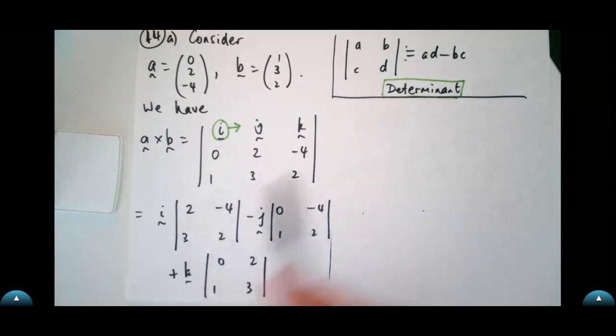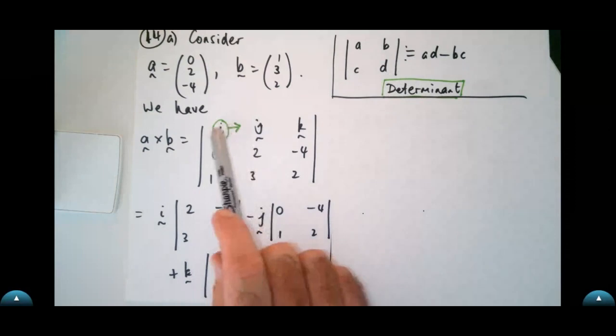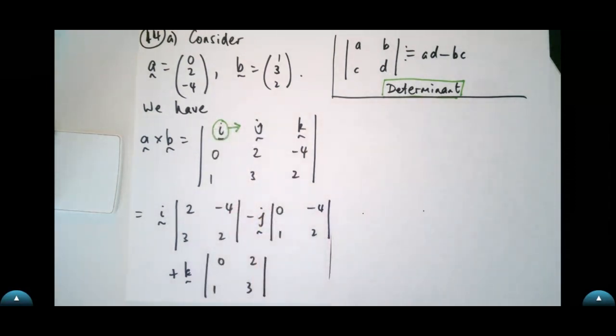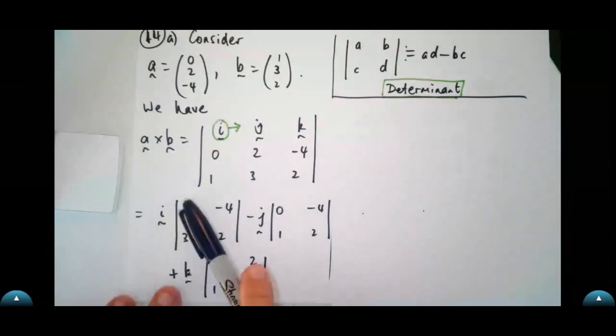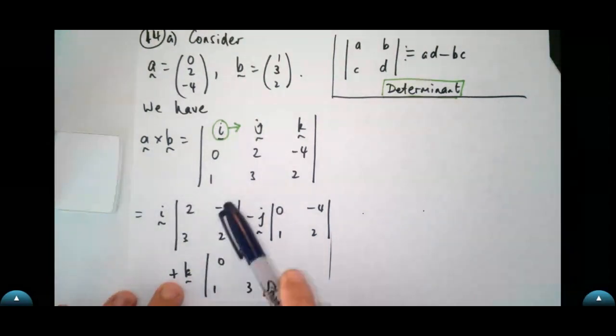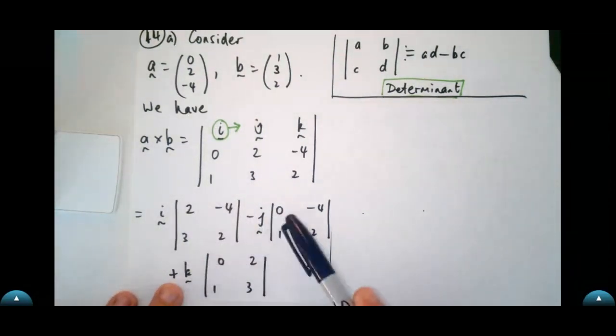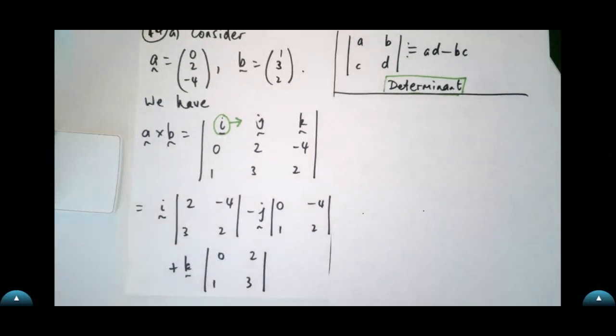So I've written it all out in terms of these 2x2 determinants, and you're just expanding along the top row. Now you go, I times this minus that times that, and so on.